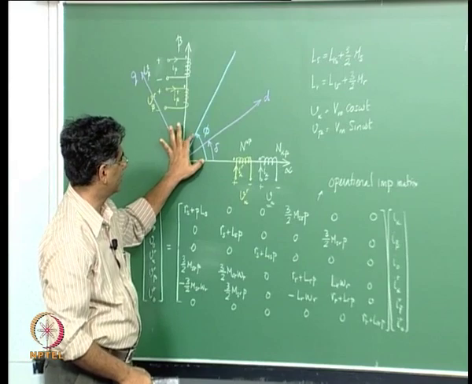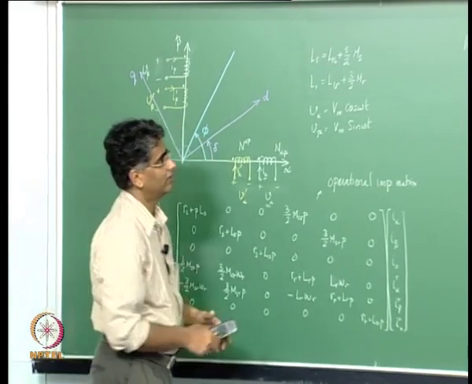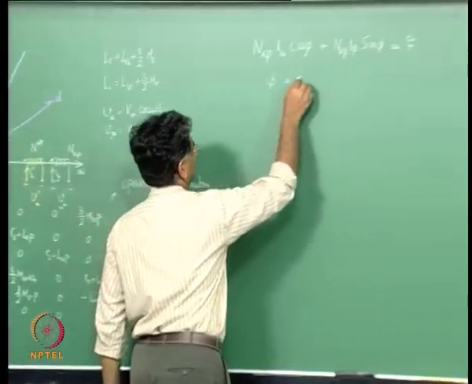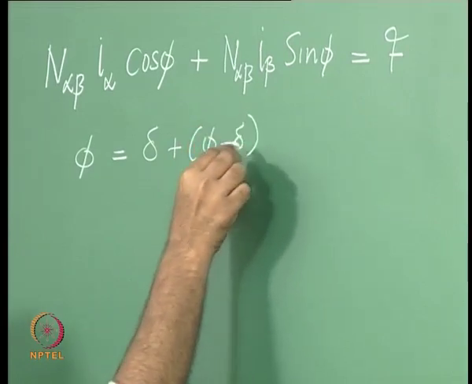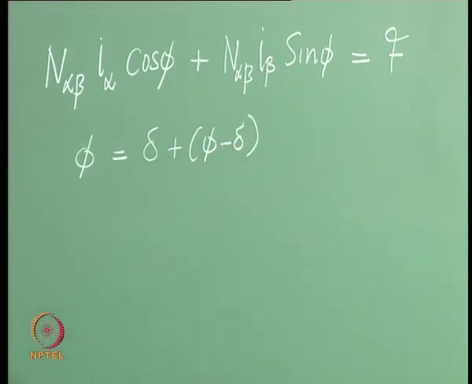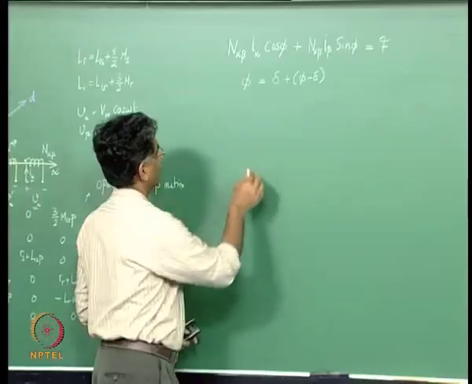But now from the figure we can write phi as, this is the angle that we want, we can write that as delta plus this small difference, and therefore I can write this as delta plus phi minus delta. So, phi is nothing but delta plus phi minus delta, and we substitute this expression in the expression for MMF.